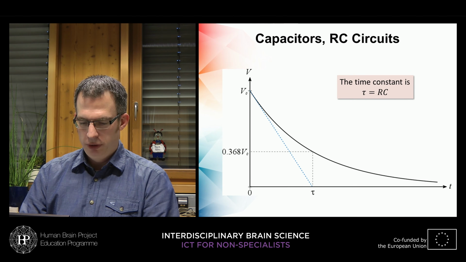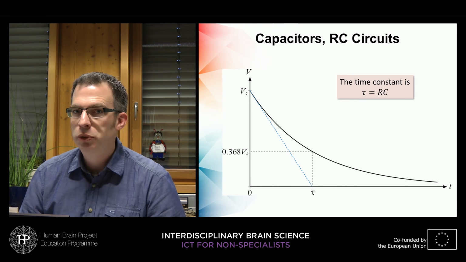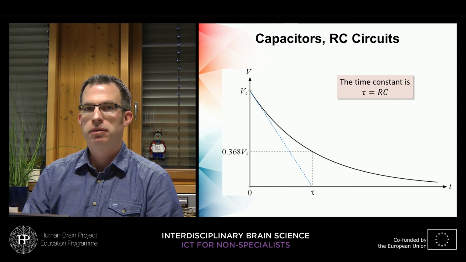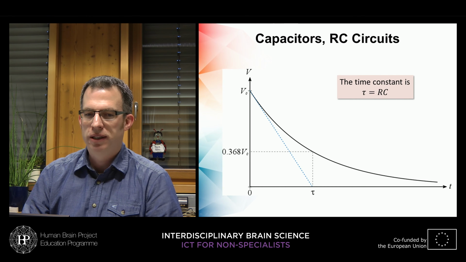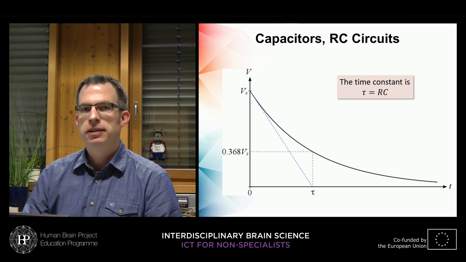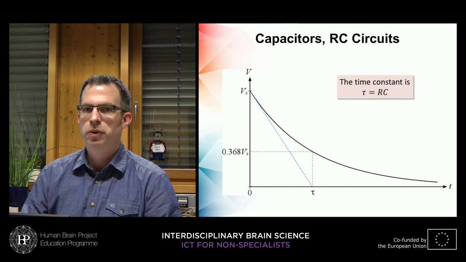V0. You should always remember that capacitances in real circuits are always there. So every input to every electrical device has a certain capacitance. And also the wire connecting to this device has a certain resistance. So you always have RC circuits all around.